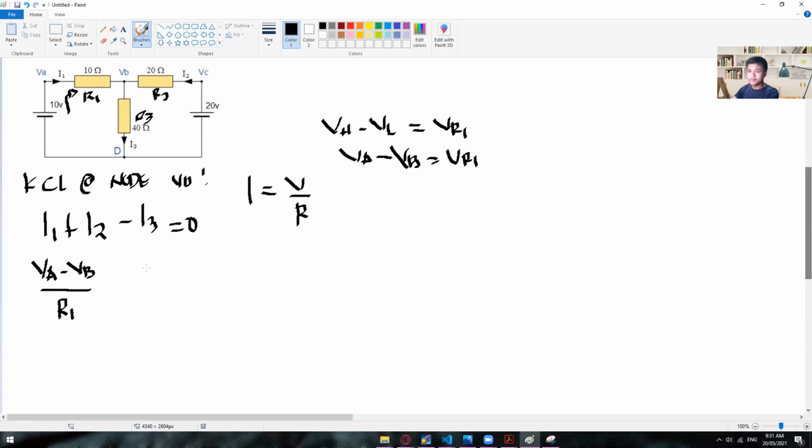So we now have here VA minus VB. VA minus VB is our voltage drop, or the voltage across this R1. Are we clear so far on how we got this VA minus VB divided by R1 right here? Anyone? Just give me a thumbs up to let me know that you got this one.